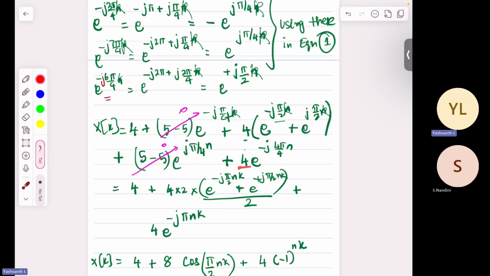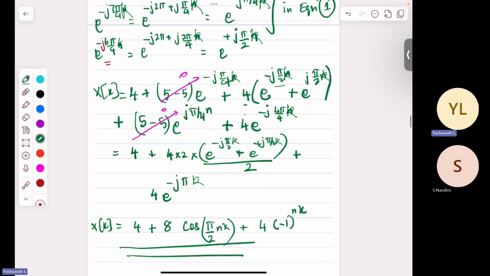The last term is 4 into e power minus j 4 pi by 4 into k, so this is just k. Again you can simplify that, this 4 is 4. Now this is again, you see this.